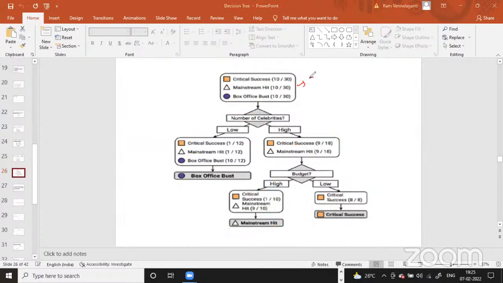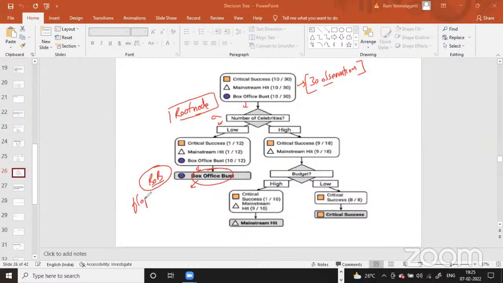You are working with 30 observations. First check for your number of celebrities. This is our root node. Now if the number of celebrities is low, then what will happen? The movie is going to become a box office bust. The movie is going to become a flop for us. If the number of celebrities is high, then what is going to happen? We cannot decide. Then check for the next condition.